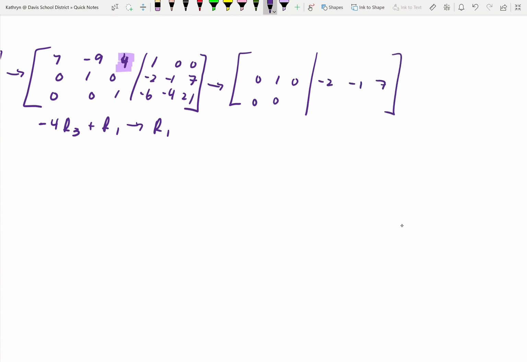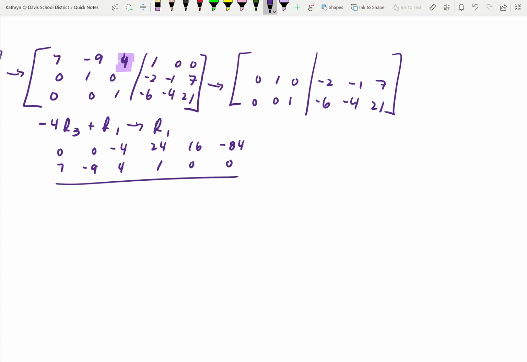Row 3 doesn't change. -4 across the bottom, 0, 0, -4, 24, 16, and -84. And then put row 1 underneath it. Add those together and I get 7, -9, 0, 25, 16, and -84.